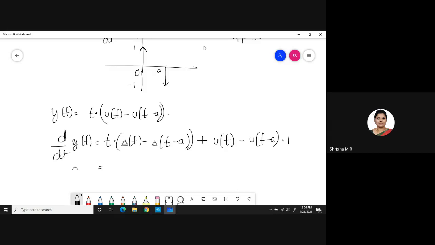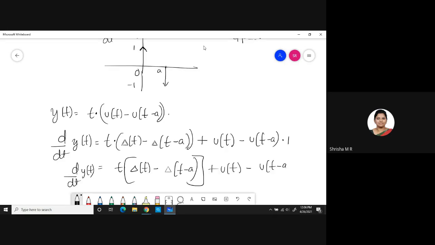So d by dt of y of t is t into delta t minus delta t minus a, plus u of t minus u of t minus a. So how will you plot this?